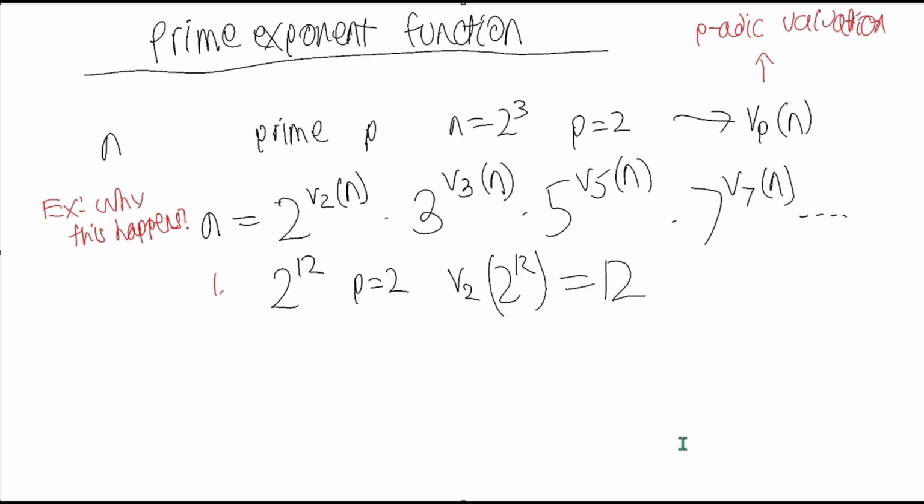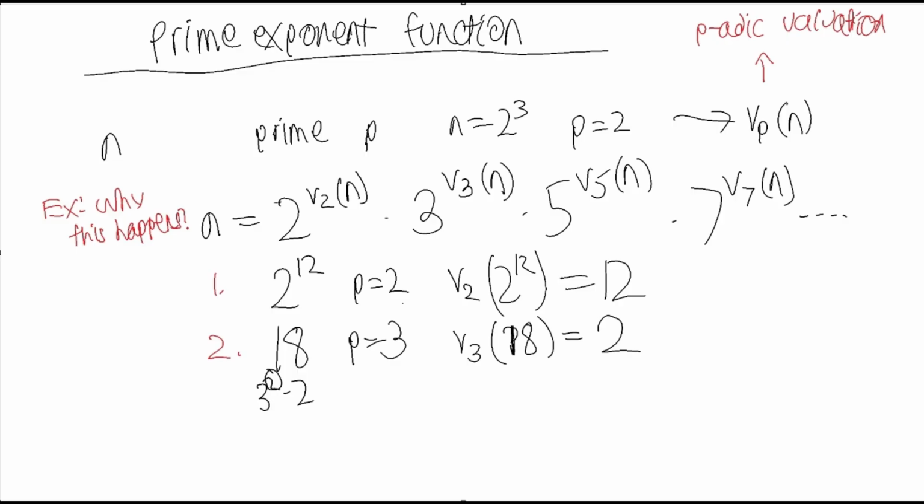Okay, and now let's look at a smaller number. Let's go a bit smaller with the number 18. And let's look at p equals 3. Then we know that 18 here is equal to 3 squared times 2. So nu 3 of 18 is equal to, we circle the exponent here, and therefore it's 2.